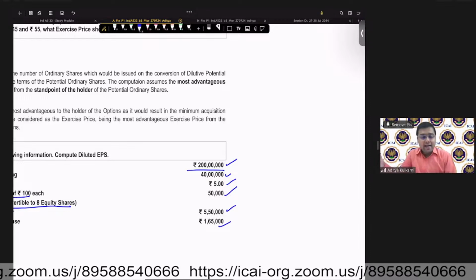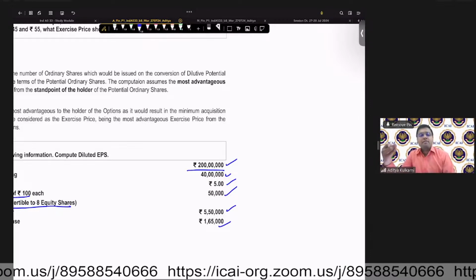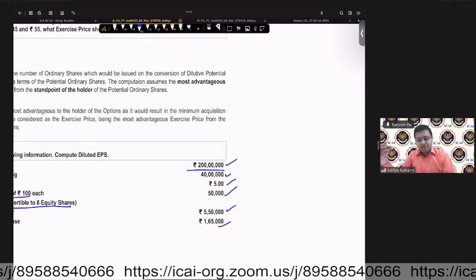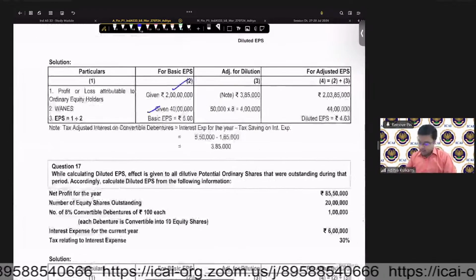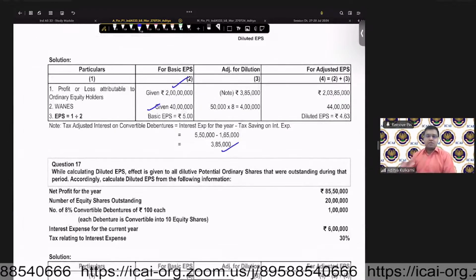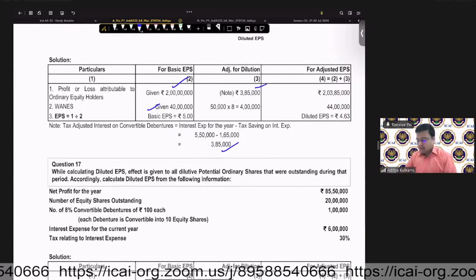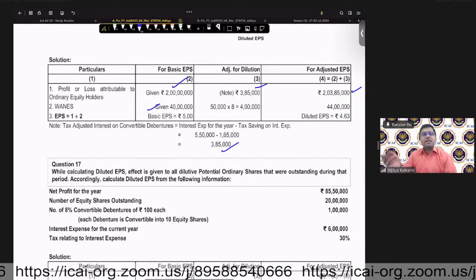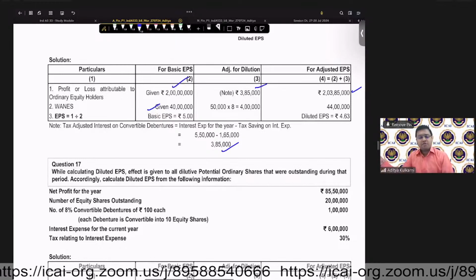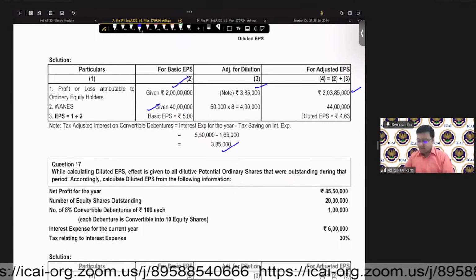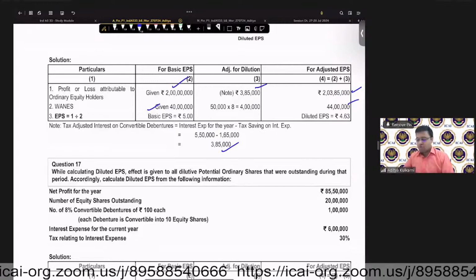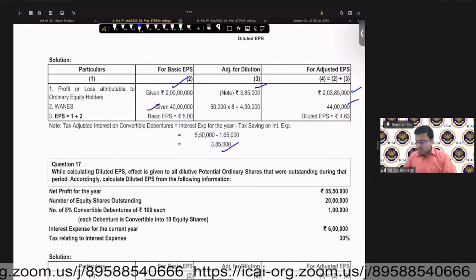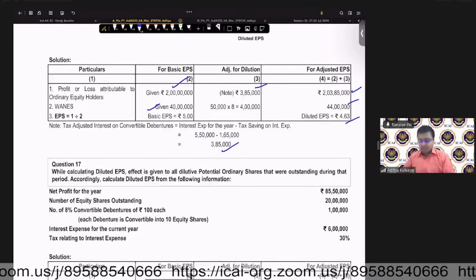So I will add 5,50,000, but by virtue of that, your tax on that also will go up. So 5,50,000 minus 1,65,000 comes to 3,85,000. So the numerator will increase by 3,85,000. The denominator: each debenture is convertible into 8 shares. So 50,000 into 8, 4 lakhs. So 44 lakhs. So 2 crore 3,85,000 divided by 44 lakhs gives you 4.63 diluted EPS.